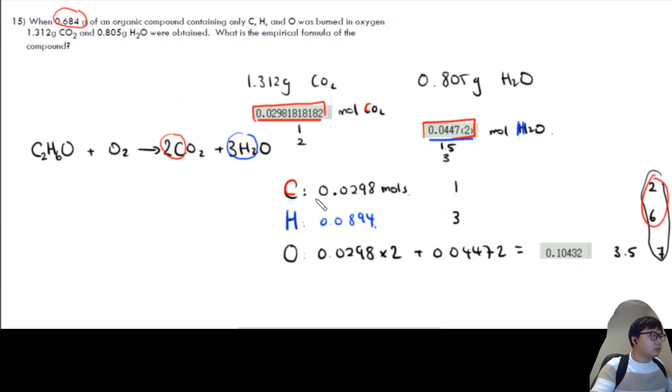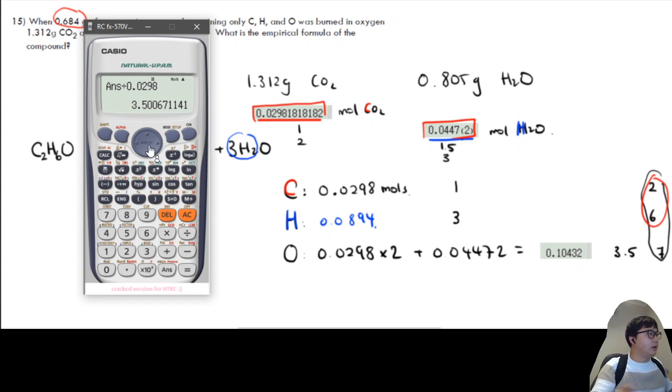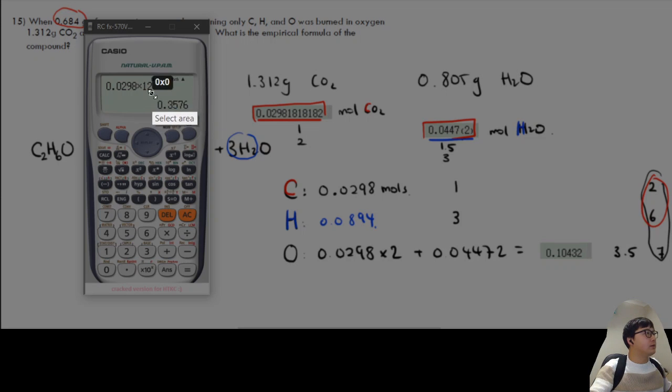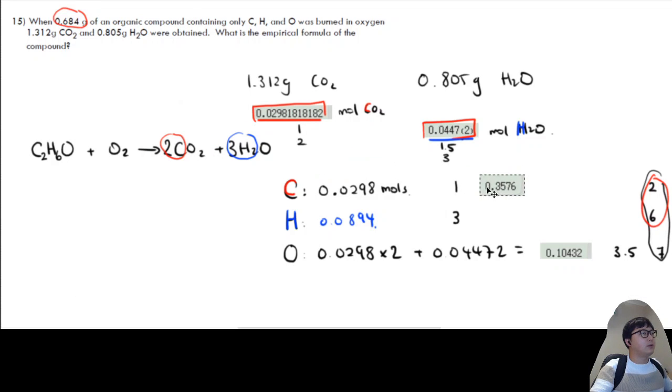We know that all of this carbon in the carbon dioxide came from that, and all of the hydrogen here came from that. So we just measure the weight of this and the weight of that. 0.0298 times 12, the molar mass, weighs 0.3576. 0.3576 is the weight of the carbon.